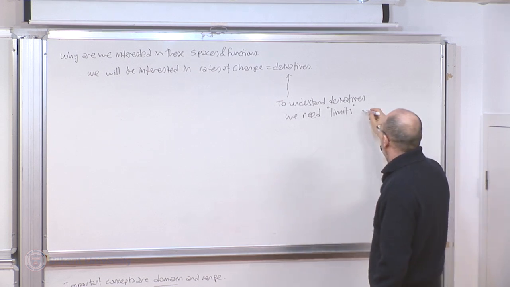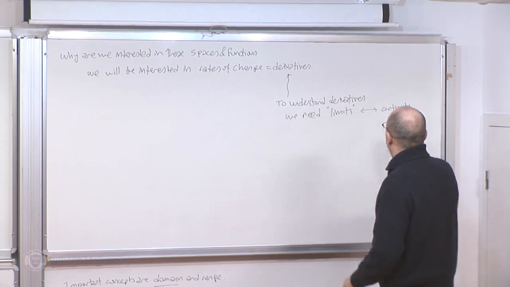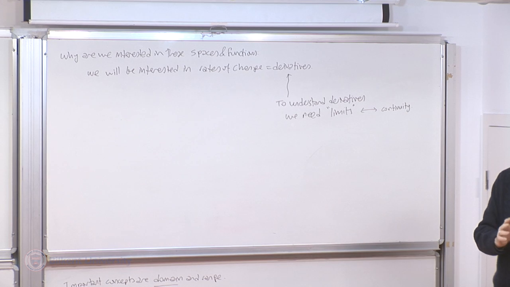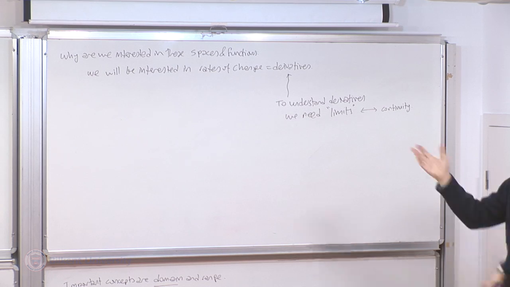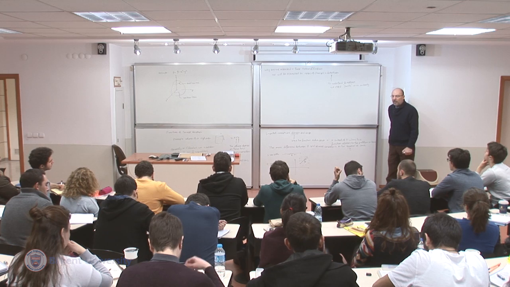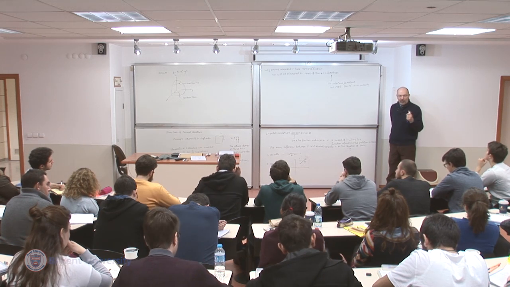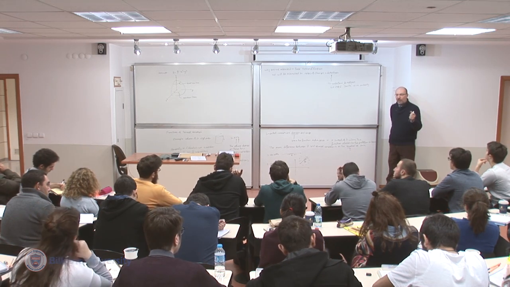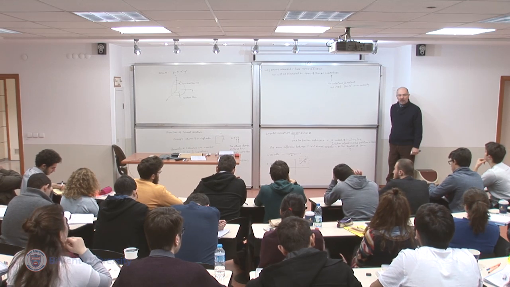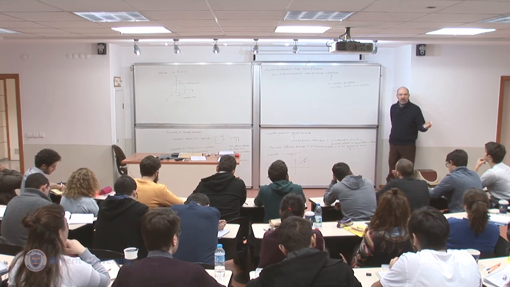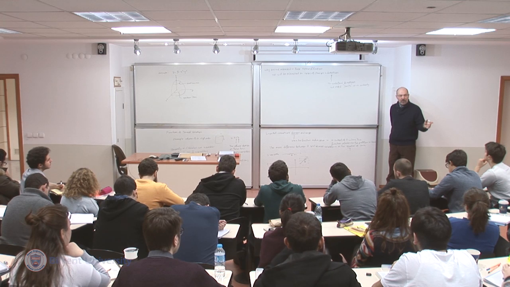But limits go hand in hand with continuous functions, continuity. Because remember, in the one-dimensional case, in order to calculate a limit, if you use the formal definition, which I'll write in a minute, you have to guess correctly what the limit is, and then using an epsilon delta argument, you must show that that limit is actually the limit, according to the definition.